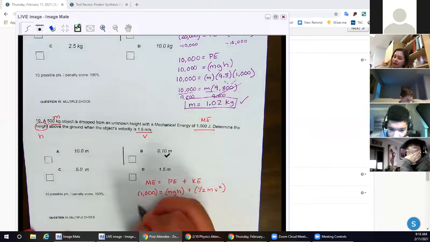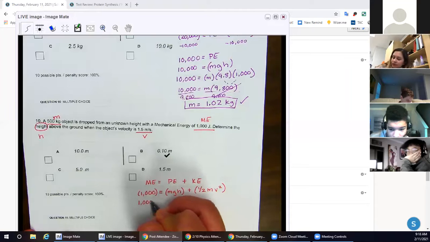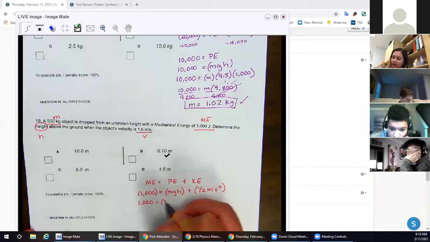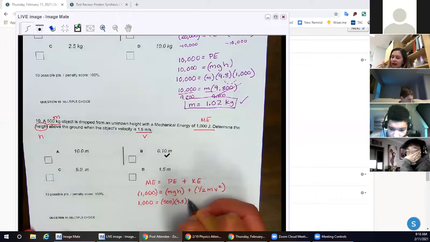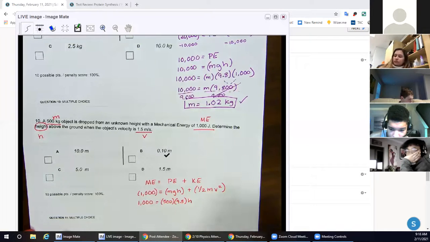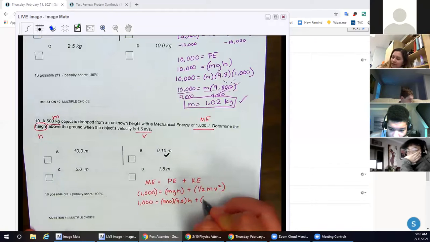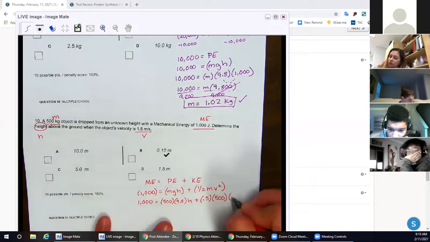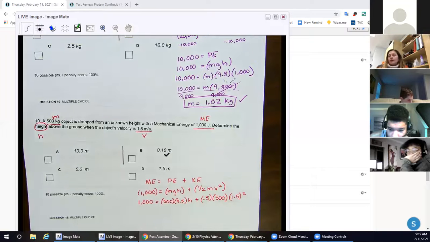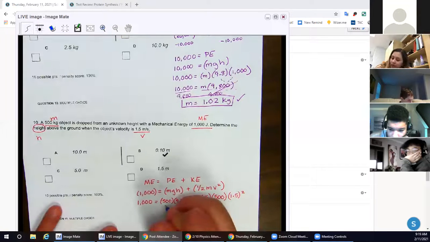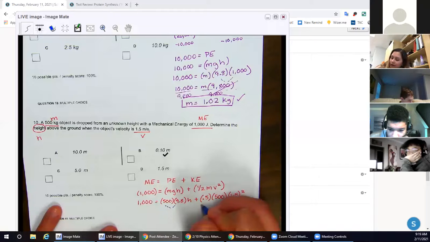So you could plug in your numbers. 1,000 equals our mass of 500 times gravity of 9.8 times the height we're trying to find, plus 1/2, which is the same as 0.5, times our mass, again 500, times our velocity squared, which is 1.5 squared. Now again, you can combine 500, 9.8, and all of this right here.